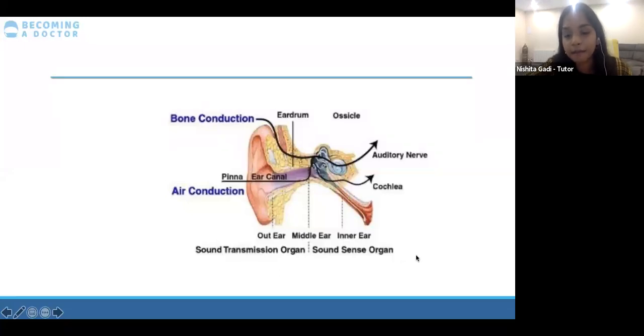Otosclerosis is definitely a cause of conductive hearing loss. Presbycusis can be sensorineural too. It is usually sensorineural, but we'll go through that in a minute. Otitis media is definitely a cause of conductive hearing loss. Those are good suggestions, good answers. We will go through all of them later in this presentation.